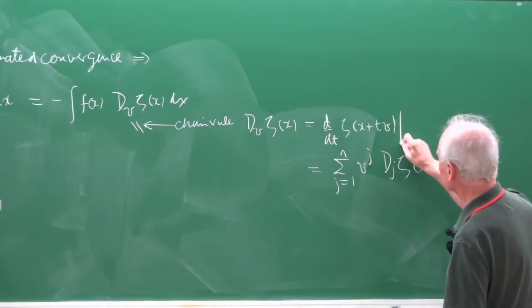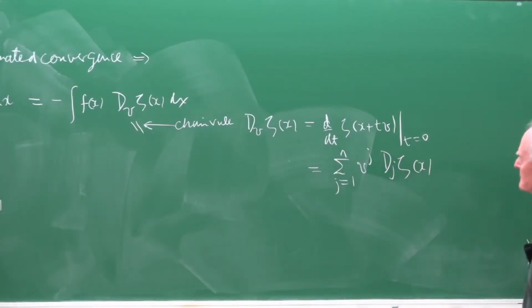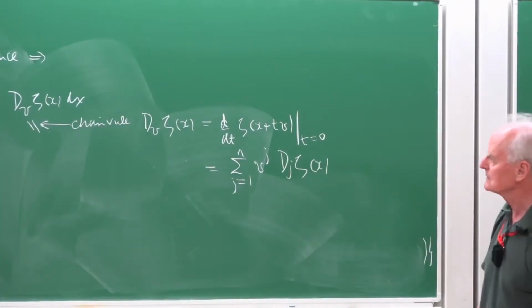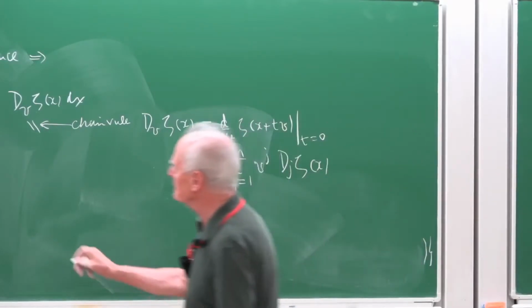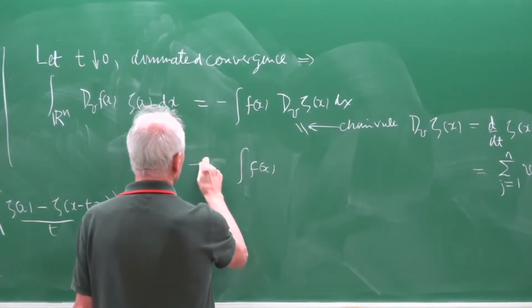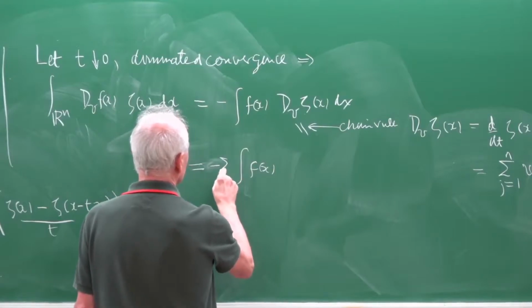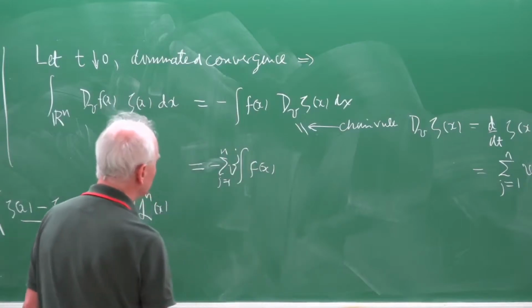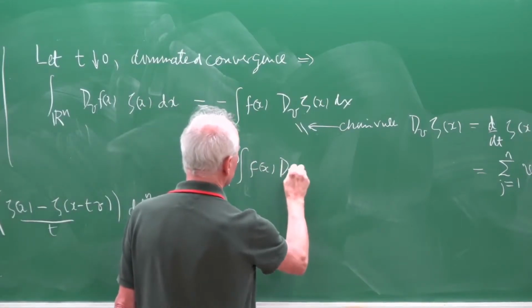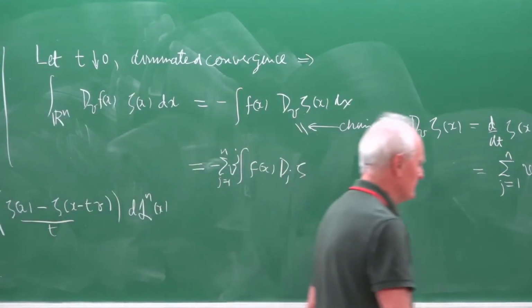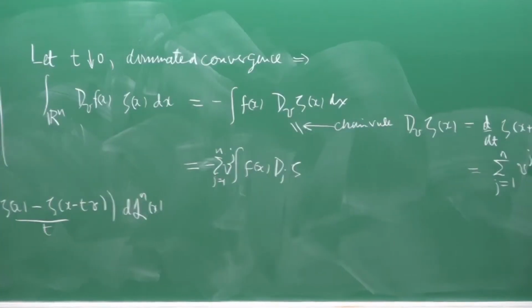And if we evaluate it at t equals 0, which is what we want to do, that's just calculus, chain rule. So this side can be written as minus fx times the sum j equals 1 up to n, vj times dj zeta. Okay, so that's our identity.